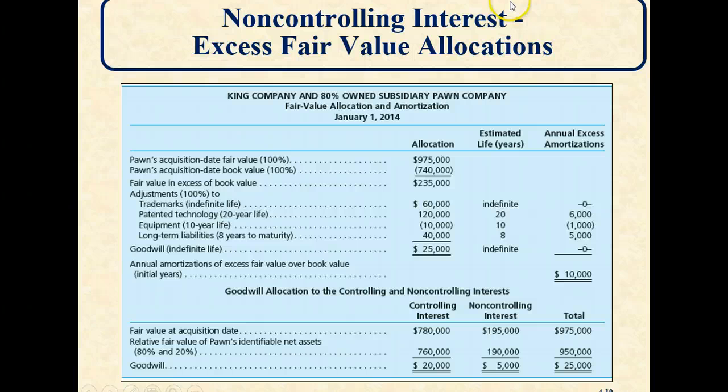But you see how we're not allocating this goodwill proportionally? We're allocating it based on the fair value of the acquisition. In this case, we aren't allocating it proportionally, 80 and 20, okay? So in this case, the goodwill of 25 is going to be allocated 20 to us, 5 to the NCI, non-controlling interest. Does that make sense?